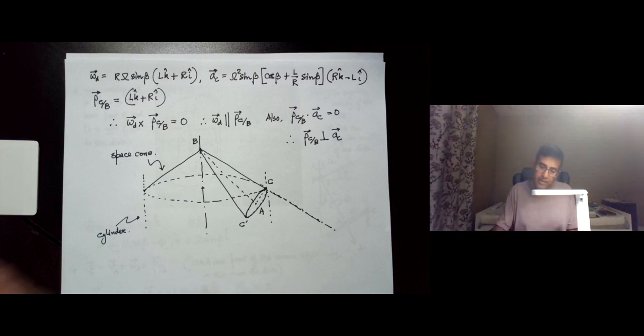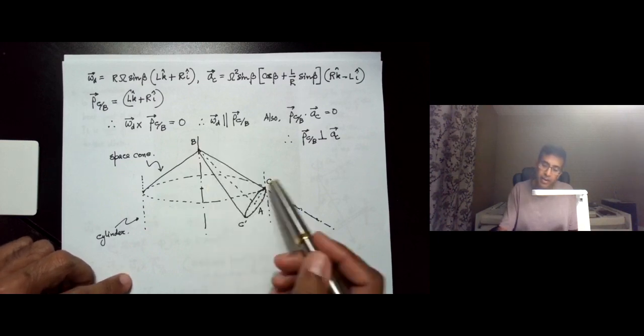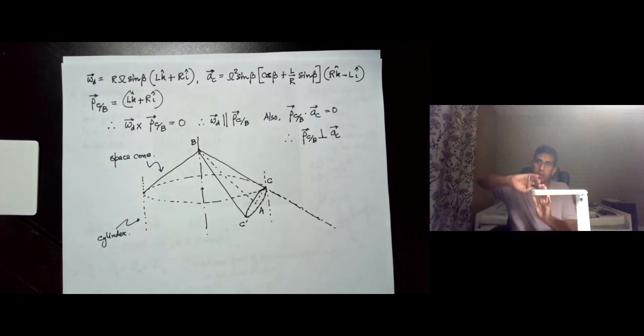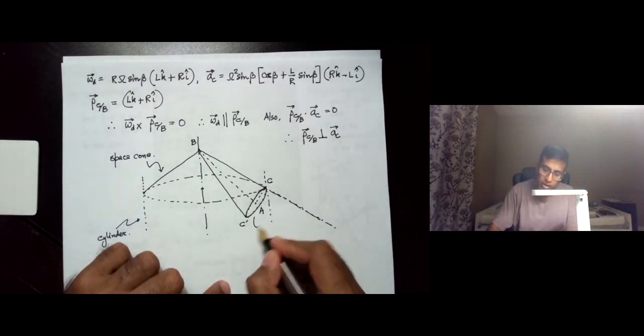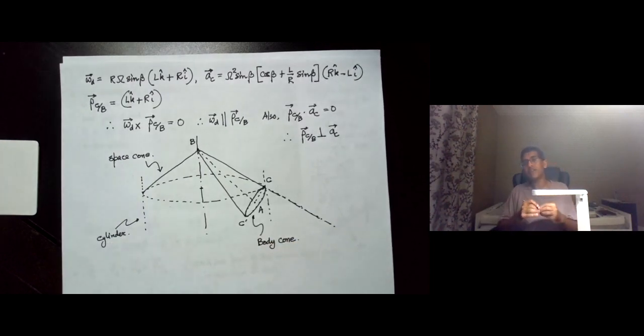On the other hand, if we take the disc and consider a hypothetical extension from point C to B and C prime to B, and then we form a cone, that cone is referred to as a body cone. And this cone is more physical because, instead of the disc, if you had a cone like this, the motion would be exactly the same.